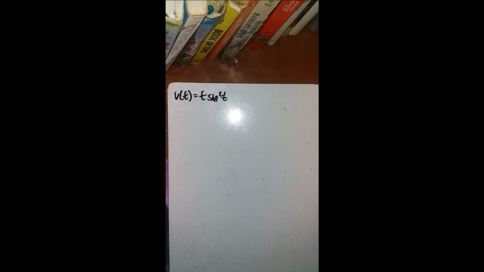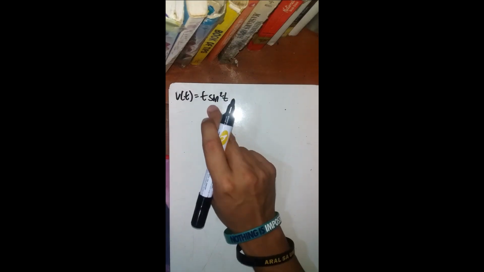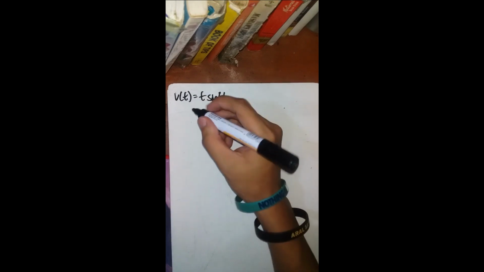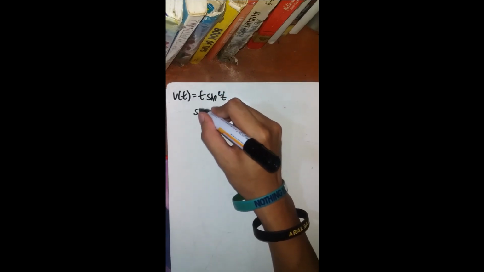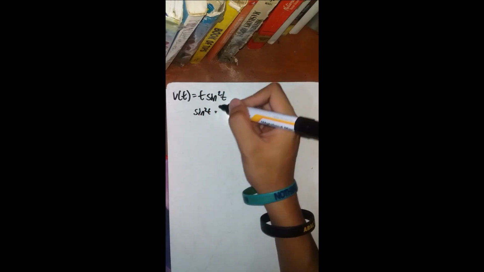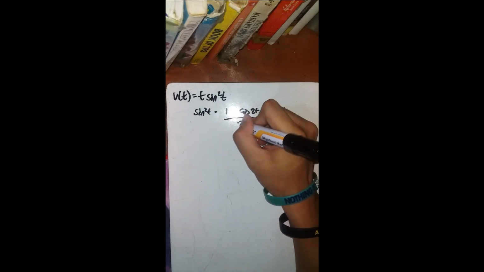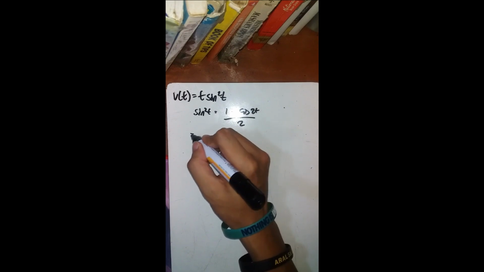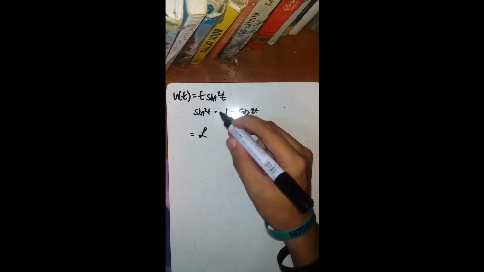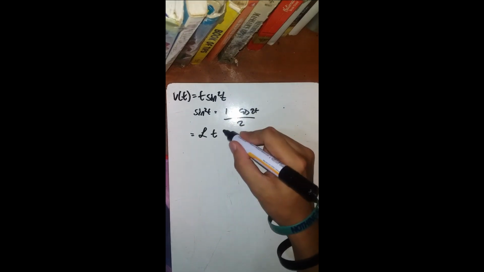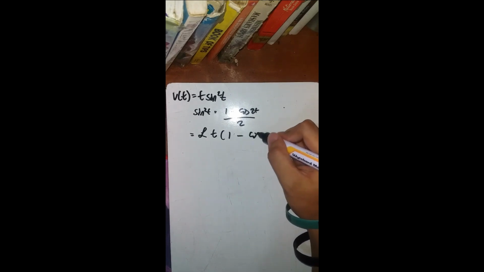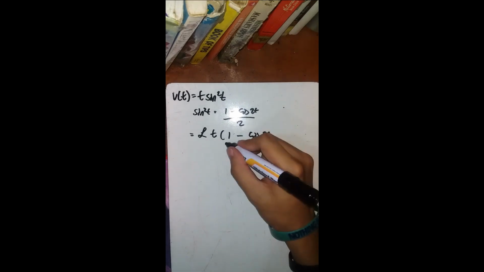Okay, this is our last problem. As you can see here, we can transform this sine squared t using the identity sine squared t is equal to 1 minus cos 2t all over 2. So the Laplace transform of t times (1 minus cos 2t) all over 2.